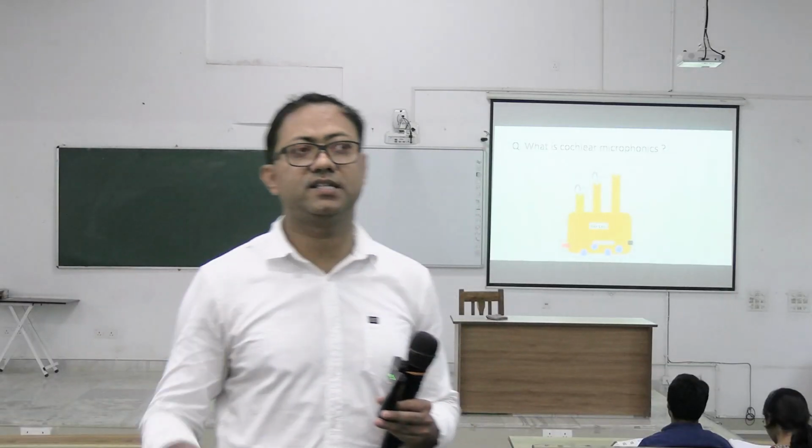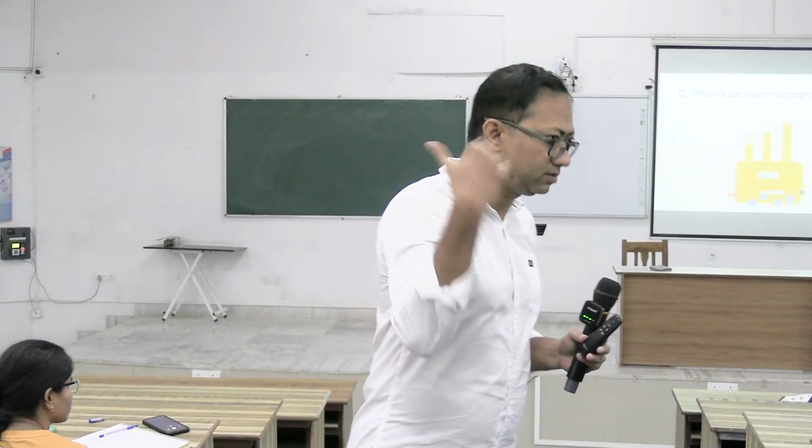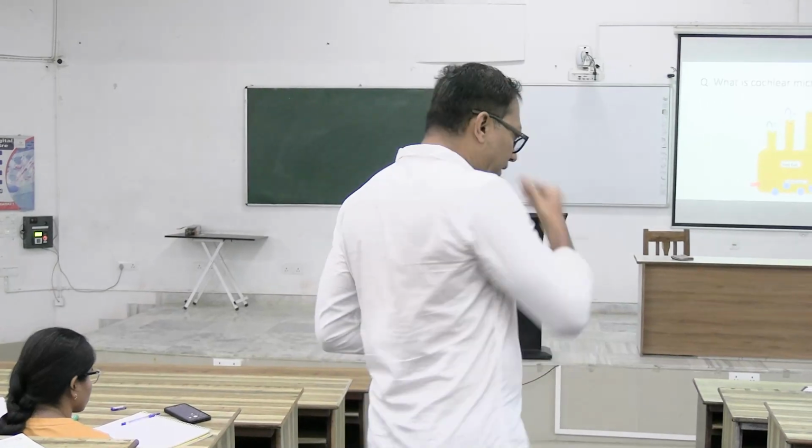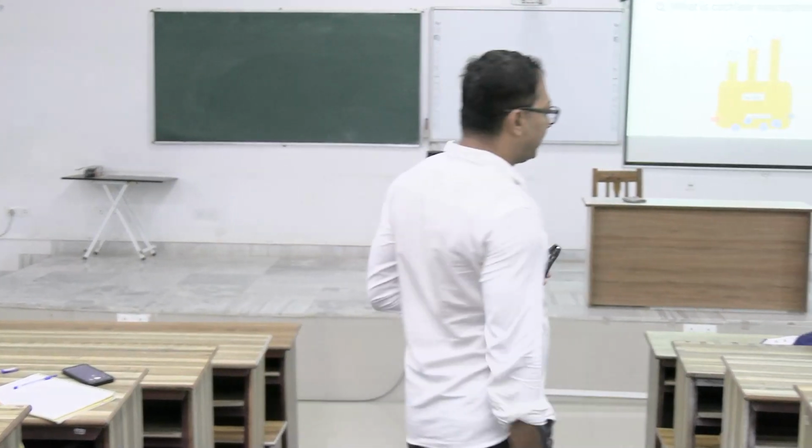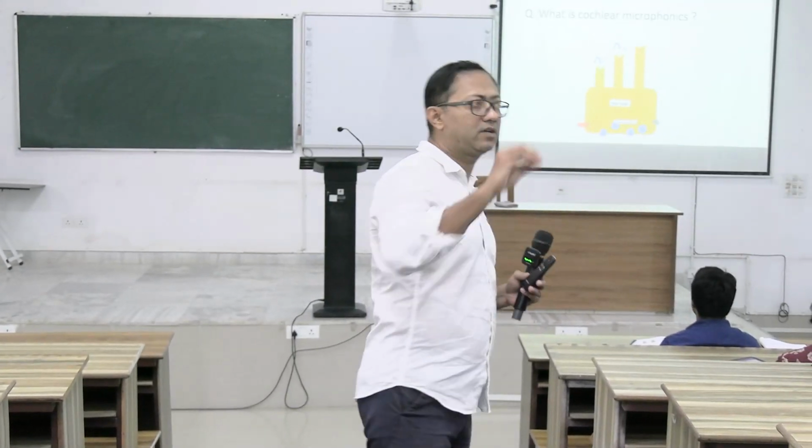There are lots of diseases you will study in your ENT. Any disease which affects the middle ear decreases the intensity of sound with which you hear, and can cause up to 30 decibel loss of sound depending on the severity of the disease.